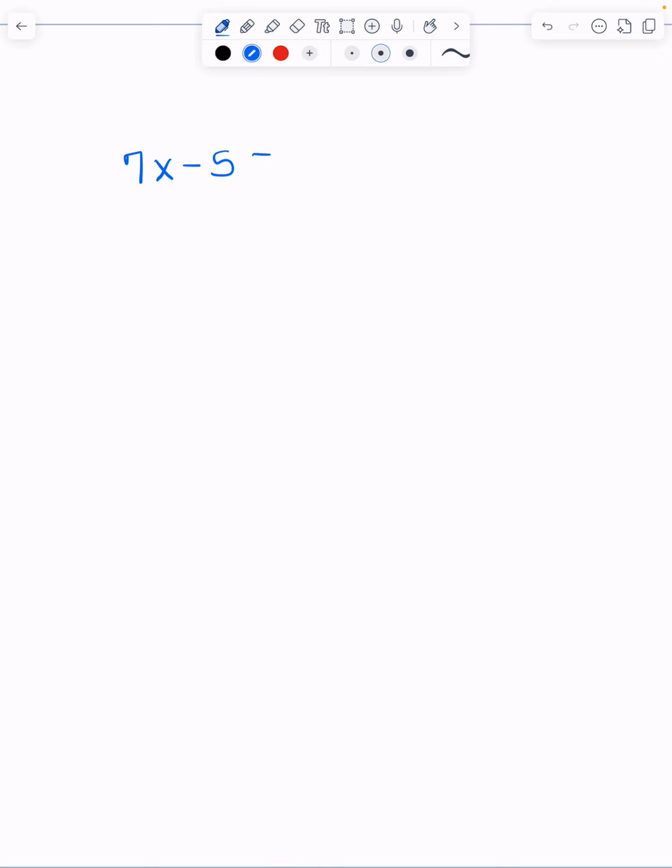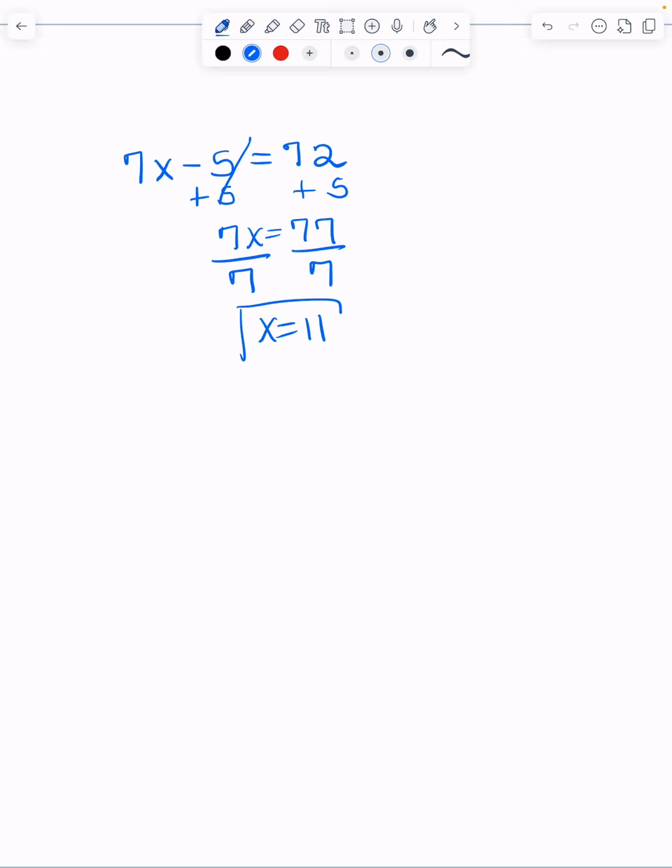If I was given this example and I was asked if it was a conditional, an inconsistent, or an identity, I would try to solve it. 7x equals 77. Divide both sides by 7. X was 11. Knowing that it's solvable and I get an answer, this is what we call a conditional equation.